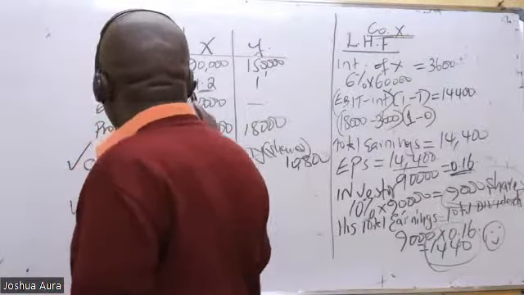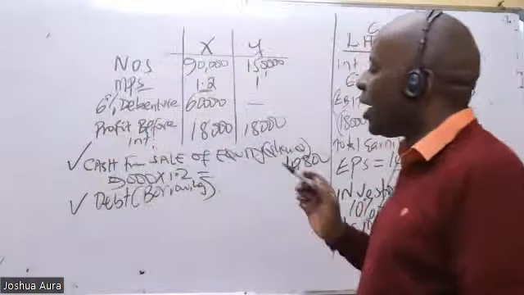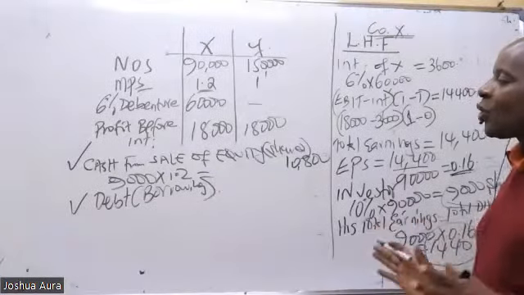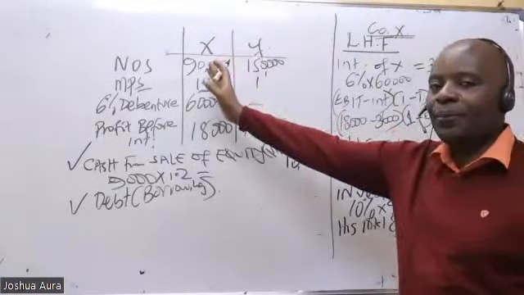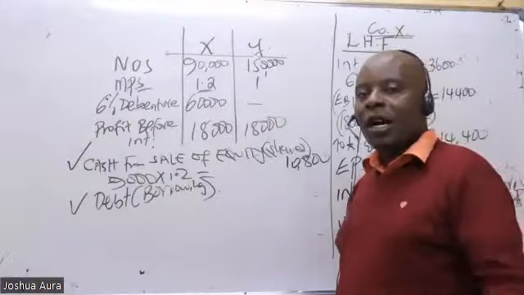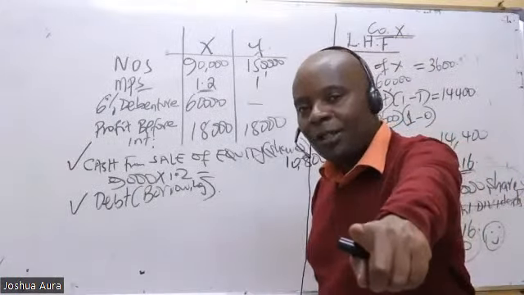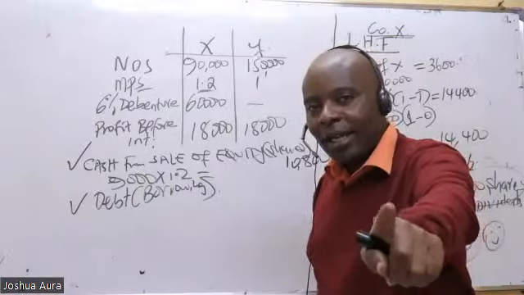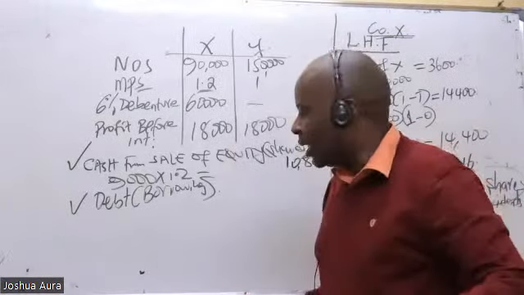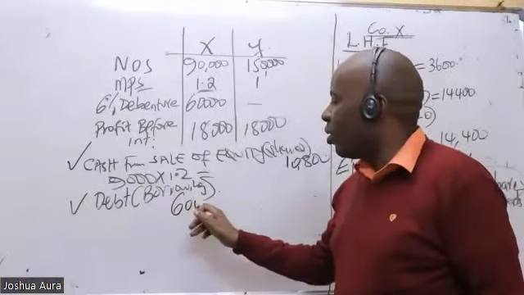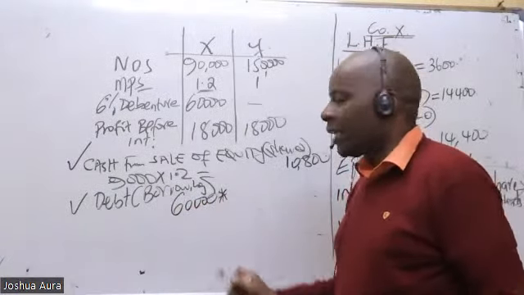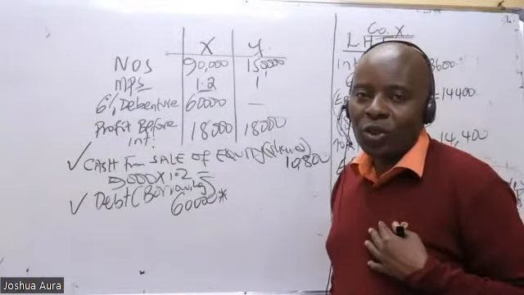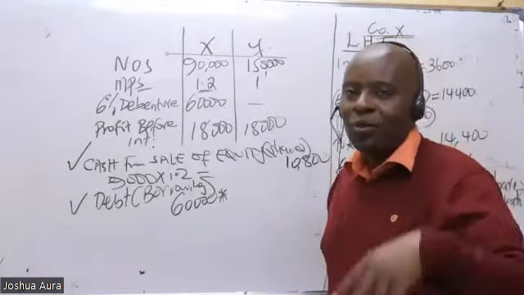And this borrowing, I would want you to listen to me very carefully. This guy himself now has to behave like company X. He'll ask himself, how much does X have in terms of total debenture? X in totality has a 60,000 loan. But now remember, I'm just having 10% of the shares, so everything of mine should be 10%.